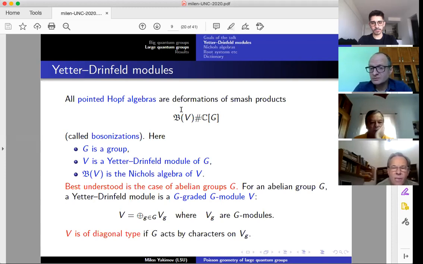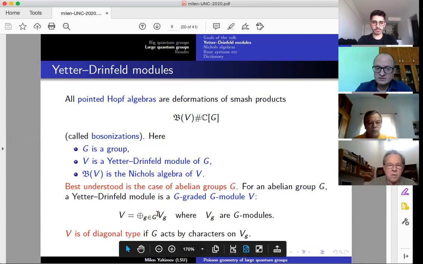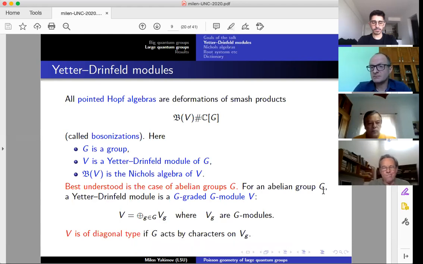So you have an abelian group G, and you're just looking at all G-modules that happen to be G-graded, graded by the same group G. So in other words, V is going to be a direct sum of submodules V_g, where each of these V_g is a G-module. And then we say that V is of diagonal type if the abelian group G happens to act by a character on each of them.